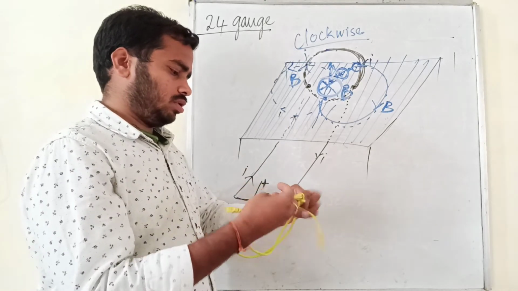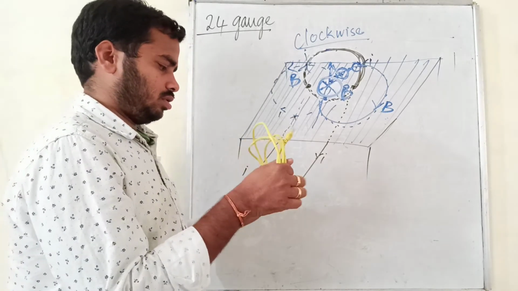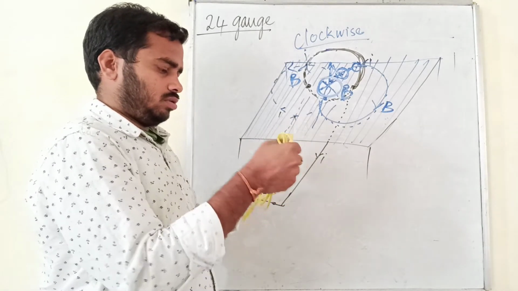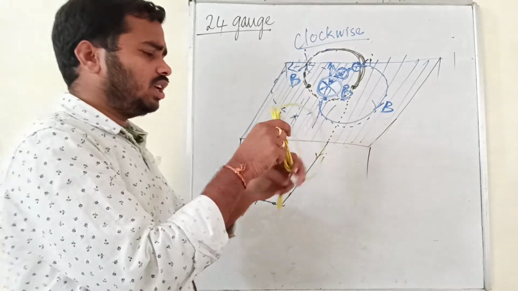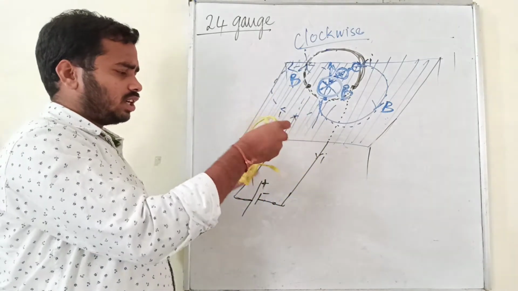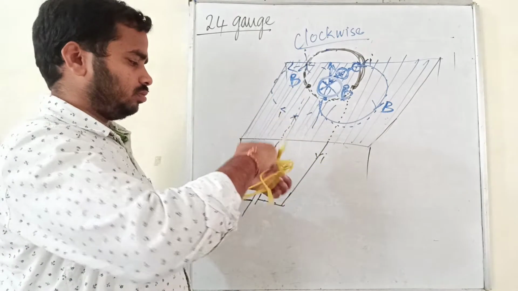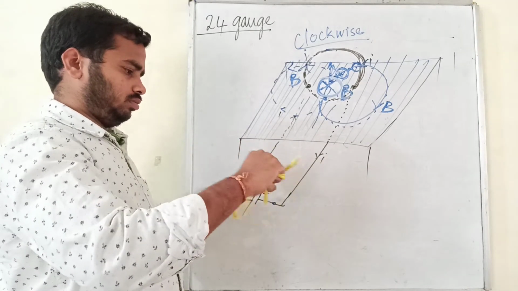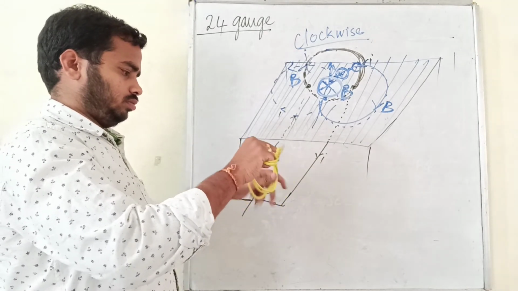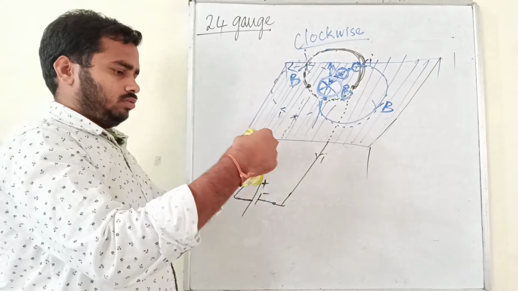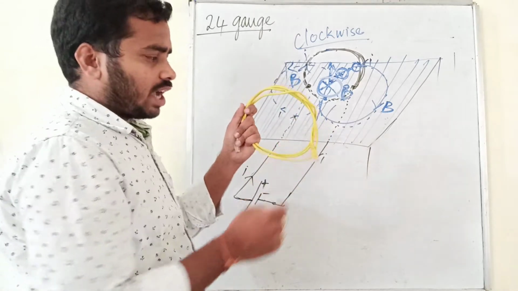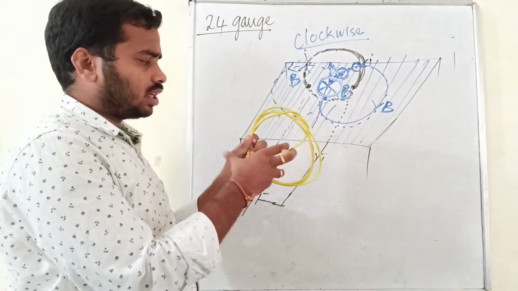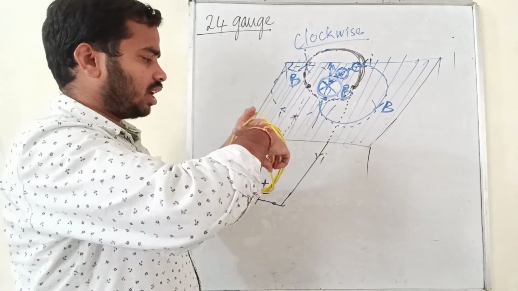You can see this is the current carrying loop, which has two ends like this. Let us suppose these are the two ends of this current carrying loop.